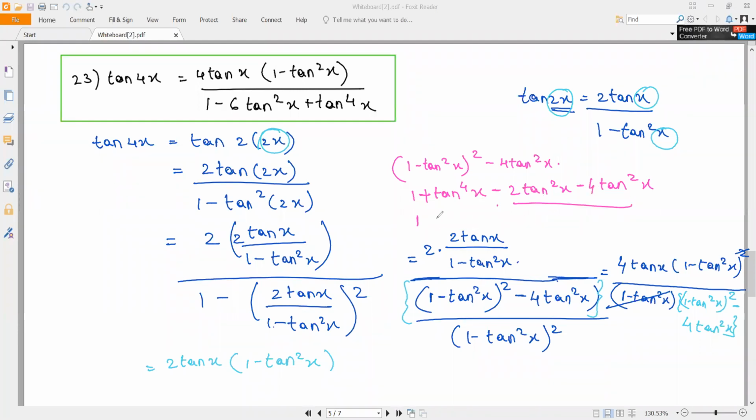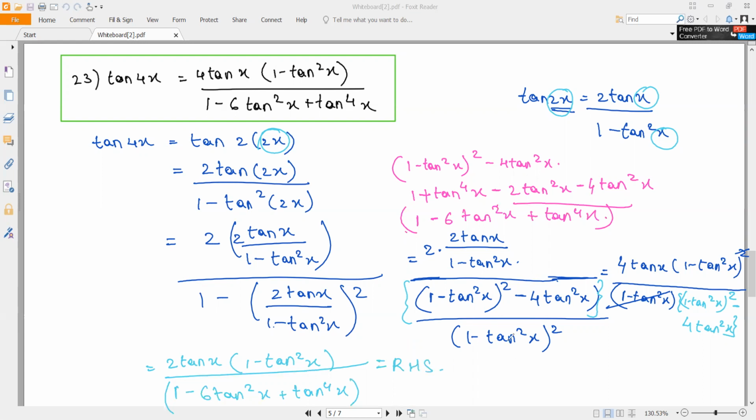These two, minus 6 tan square x plus tan 4x. So this value can be written in the denominator as 1 minus 6 tan square x plus tan 4x. Tan 4x means tan to the power 4 of x. This is your RHS. Hence proved.